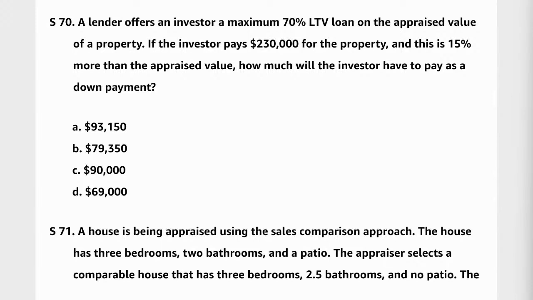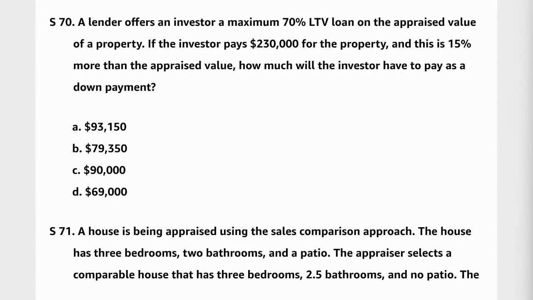If the investor pays $230,000 for the property, and this is 15% more than the appraised value, how much will the investor have to pay as a down payment? So the investor pays 230,000 for the property, and this is 15% more than the appraised value.